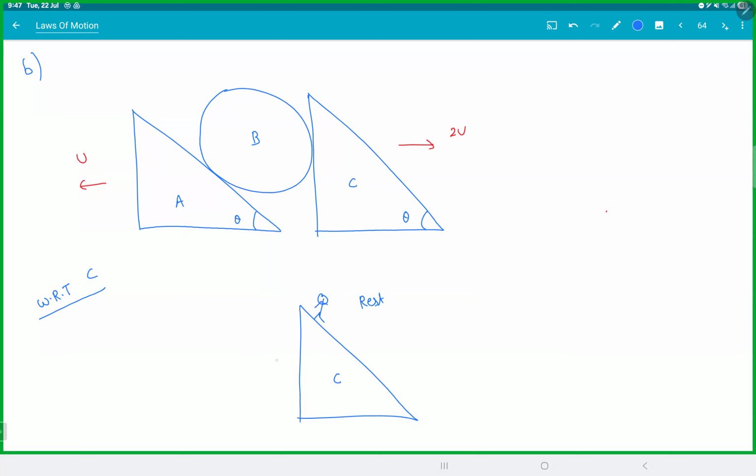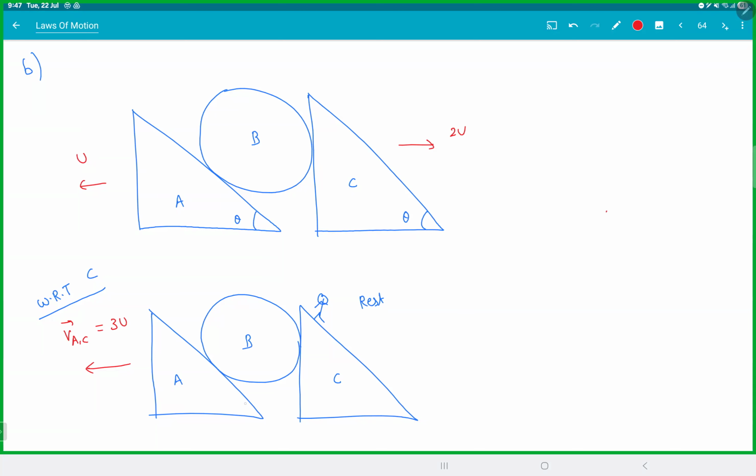This has literally become the wall. And this person will think this A is going backward. So velocity of A as seen by C is 3u backward.